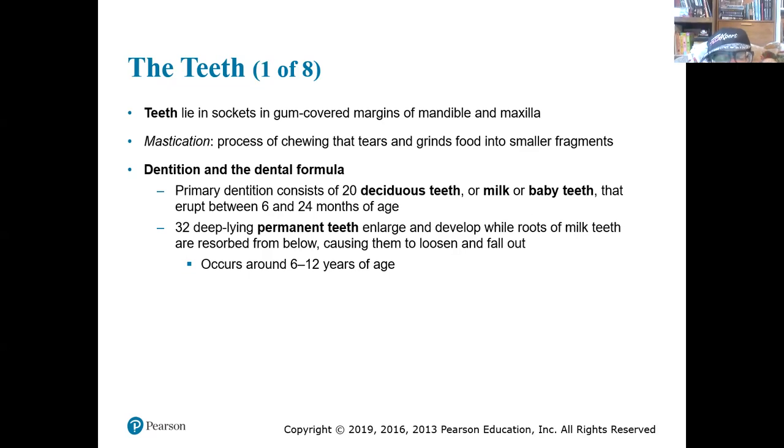The roots of the deciduous teeth, the milk teeth, are going to be reabsorbed. That's going to make them wiggly, loose, weak, and they'll fall out of the gum. Anyway, this changeover from the primary teeth to the permanent teeth is usually spread from 6 months to 12 years.